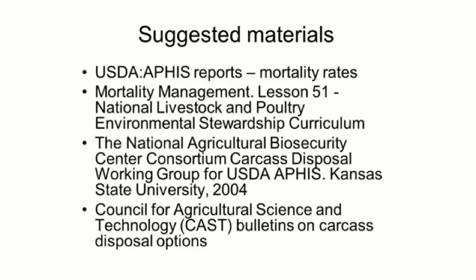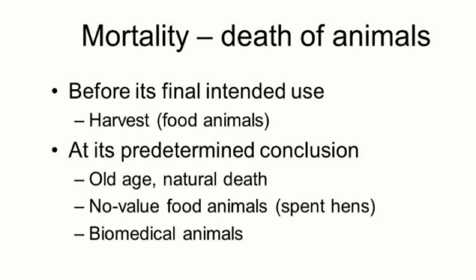And then lastly, a few other excellent publications were put out by the Council for Agricultural Science and Technology. We call that the CAST Bulletins on Carcass Disposal. And those have been in the last 5 to 6 years as well. And you can reference those. Excellent documents. So then let's proceed.